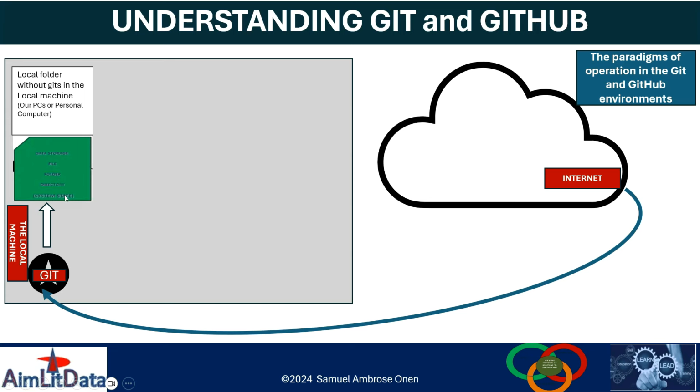And that is like opening the door. We have to open some door on this folder for Git to go inside so that Git starts tracking the progress, the changes, the things that we do inside this folder.